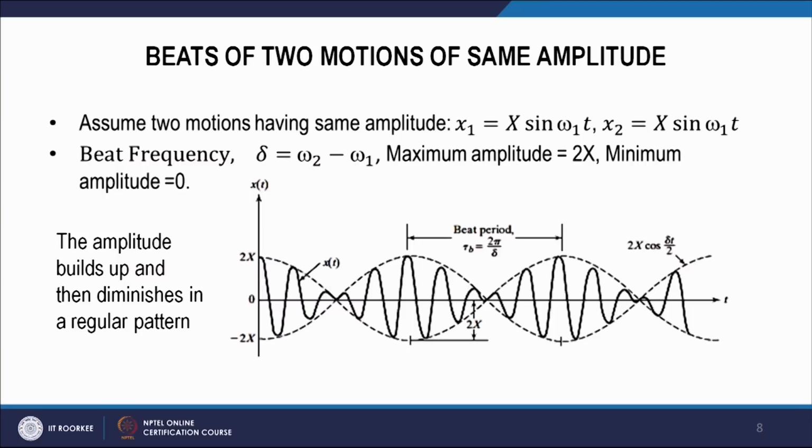However, the amplitude is moving in a cos delta t manner because it is a function of cos delta t by 2. So this is a cosine, so here is maxima and this wave is moving, and then the next maxima is coming here. In between these, we can see that there is the beat.